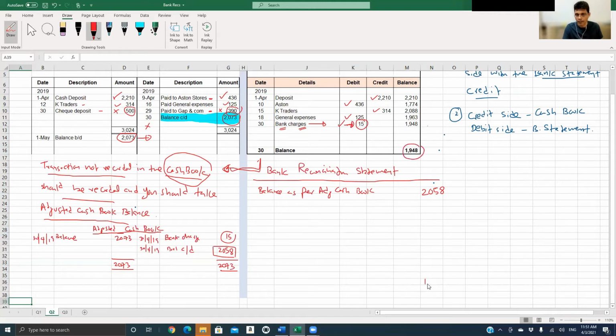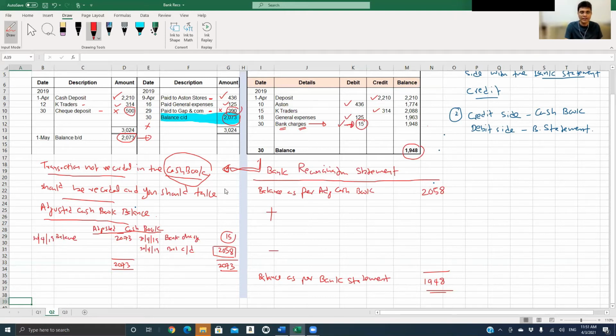So 1948. What is this balance? Balance as per bank statement, right? This is the balance as per bank statement. Okay. Now to arrive at this balance, you need to add and you need to subtract.